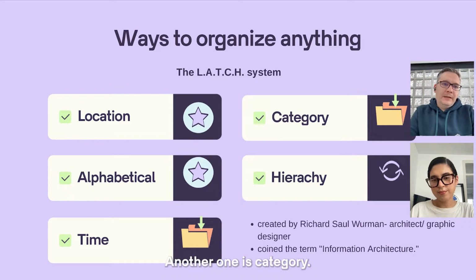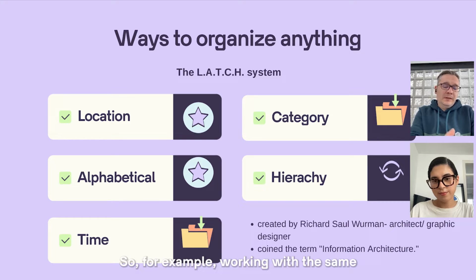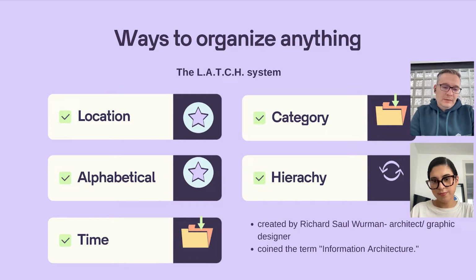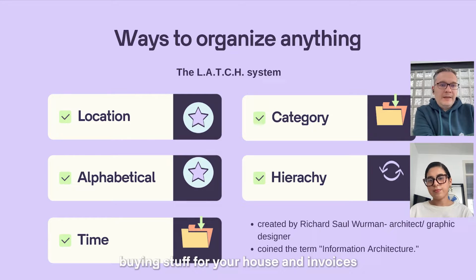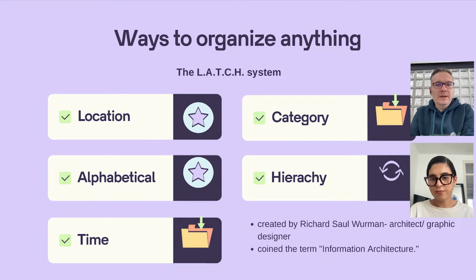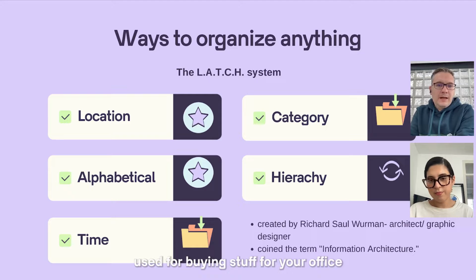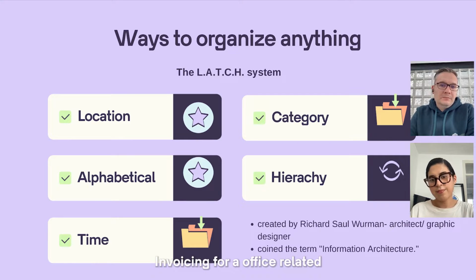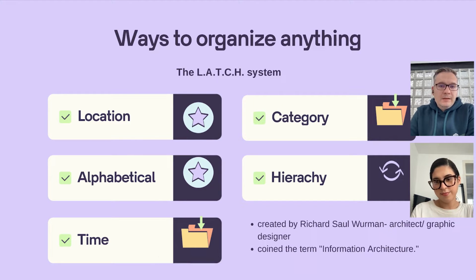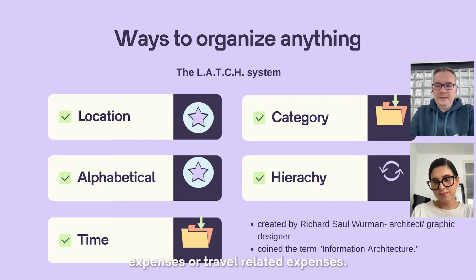Another one is category. So, for example, working with the same topic of invoicing, you put, for example, invoices for buying stuff for your house and invoices used for buying stuff for your office, or for a company, invoicing for office-related expenses or travel-related expenses.